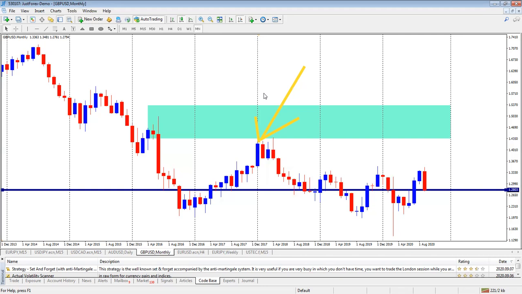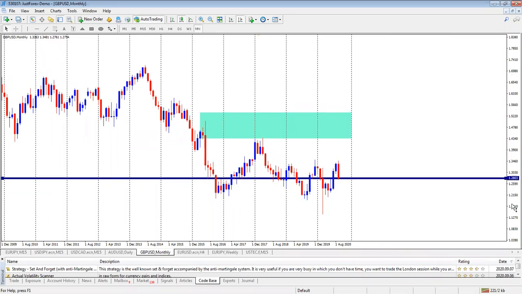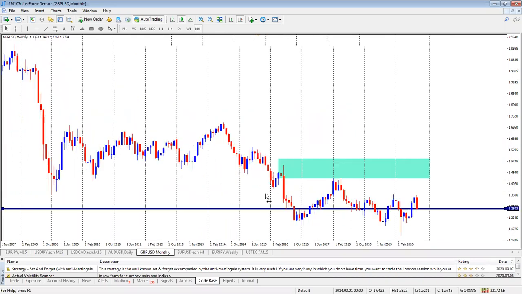Let me now find a demand, then I will show you exactly how we could have traded this supply zone and demand zone on the lower time frames. Right now, let me go to the left and find a demand zone.